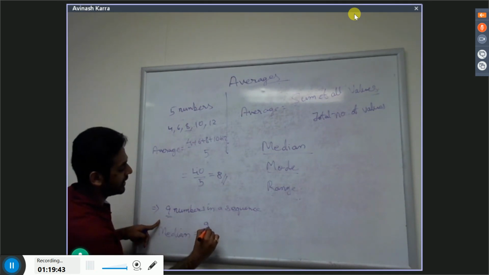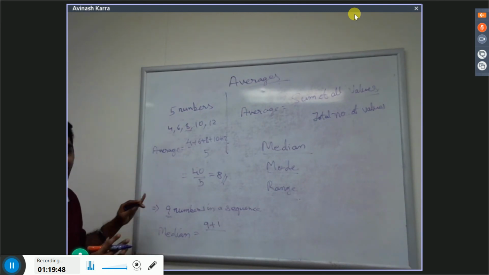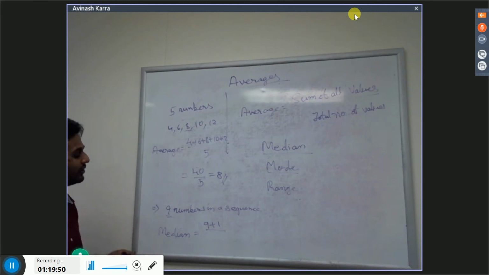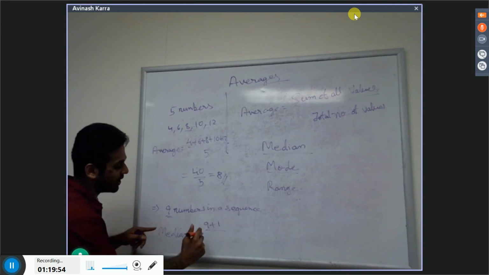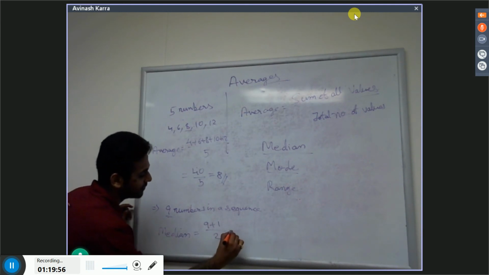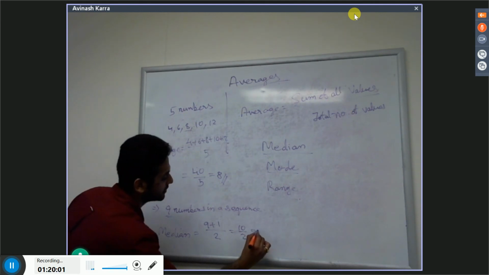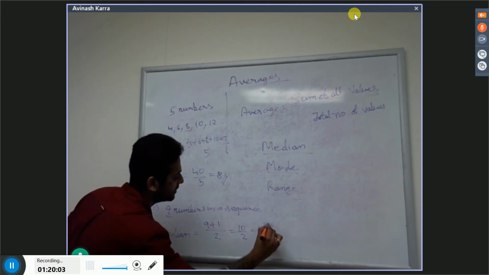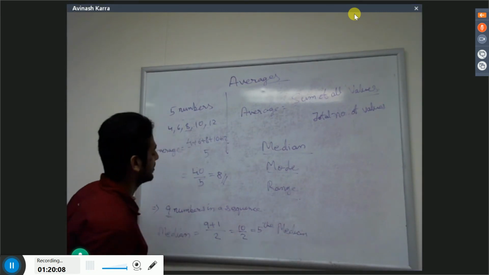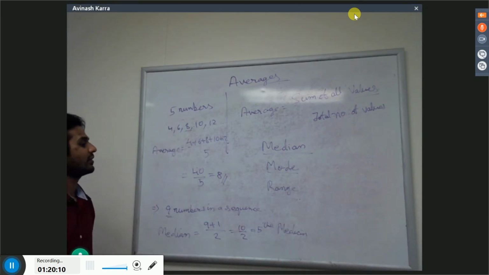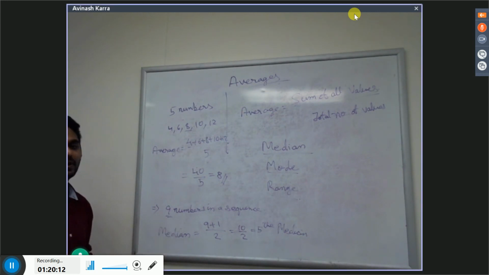Whenever there are an odd number of digits in a sequence, then median is equal to the number of numbers plus 1 divided by 2. So 9 plus 1, that is 10, divided by 2. The 5th digit will be the median. Median is nothing but the number which is at the middle.